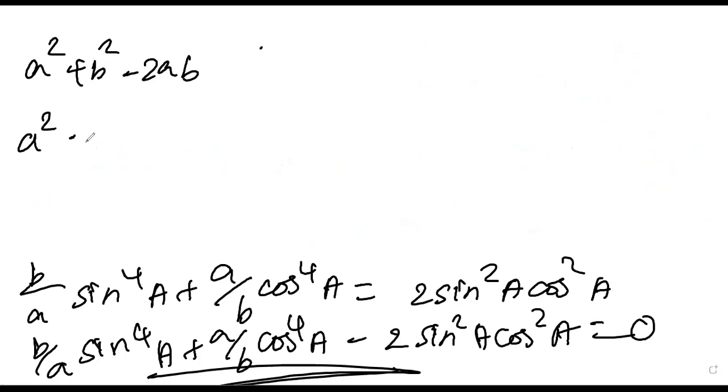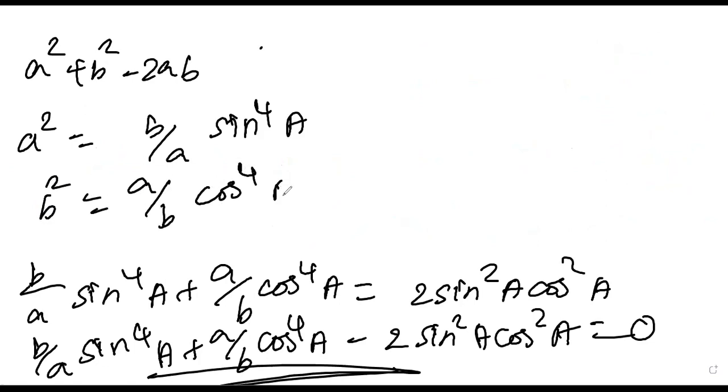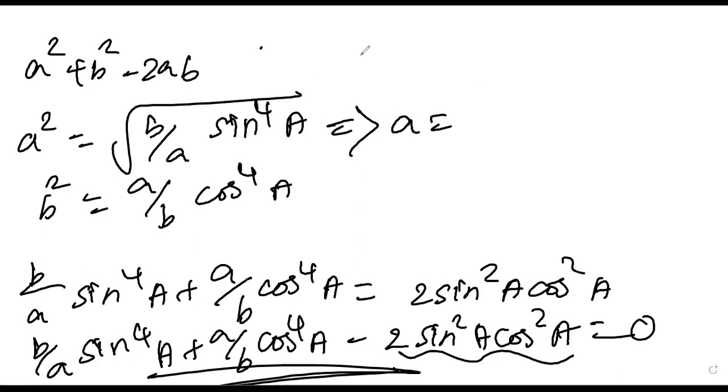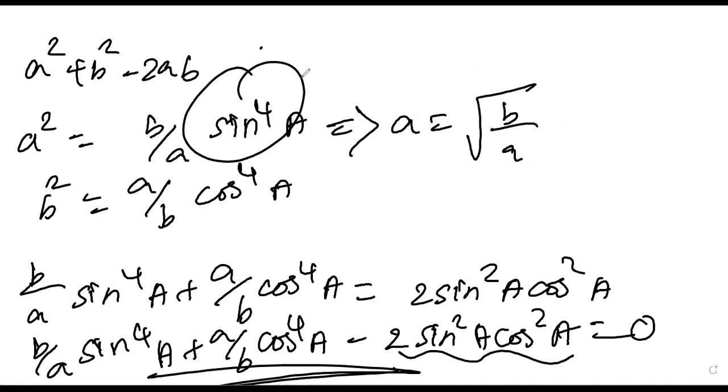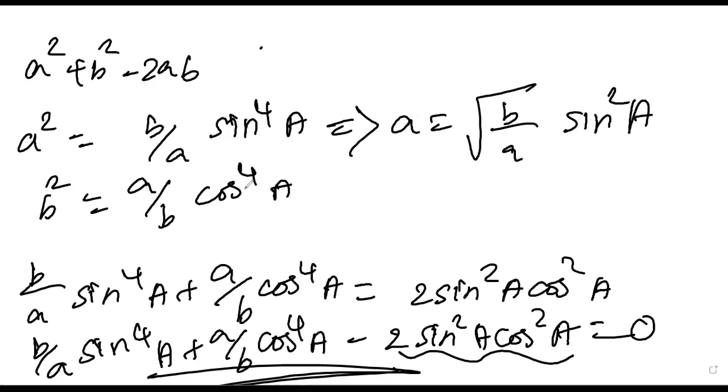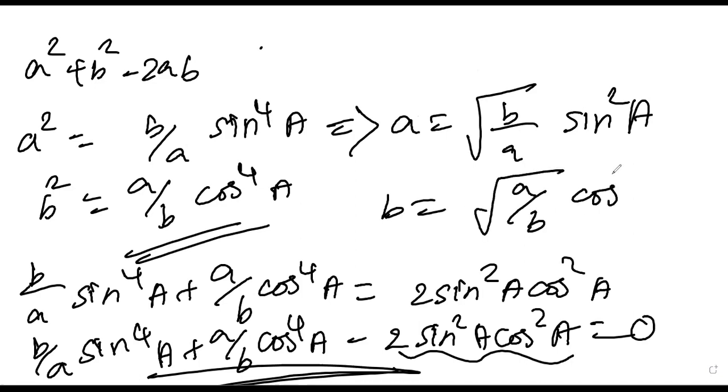Here I'm saying a² is (b/a) sin⁴A. b² is (a/b) cos⁴A. And −2ab is this. You can find a from here. a is the square root of this, right? Because a² is (b/a) sin⁴A, a is going to be the square root of b/a. Square root of sin⁴A becomes sin²A. Similarly, b is equal to the square root of a/b times cos²A.